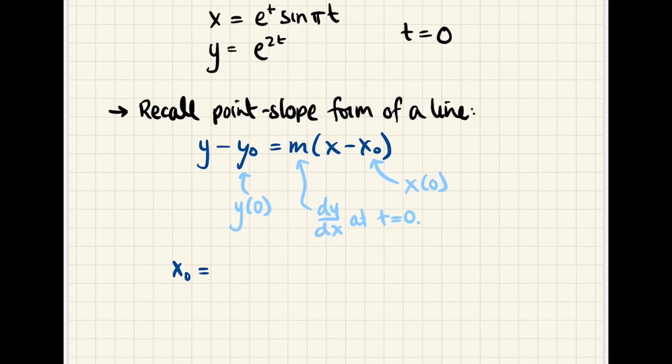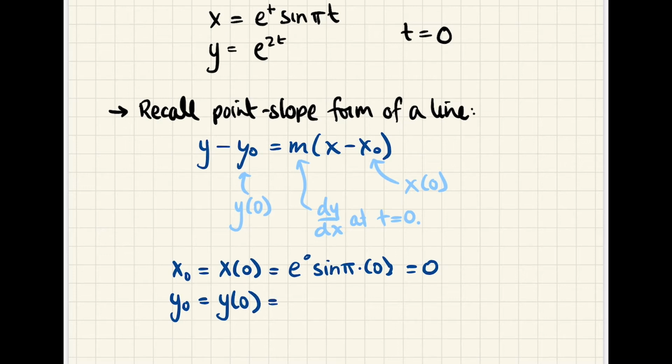So x0 being x of 0 is e to the 0 times sine of pi times 0, which is 0. And y0 is y of 0, which is e to the 2 times 0, which is 1.